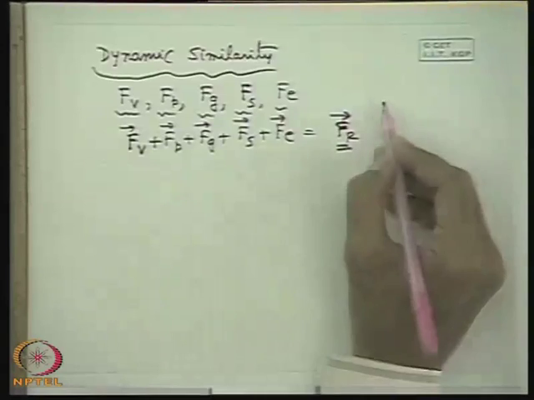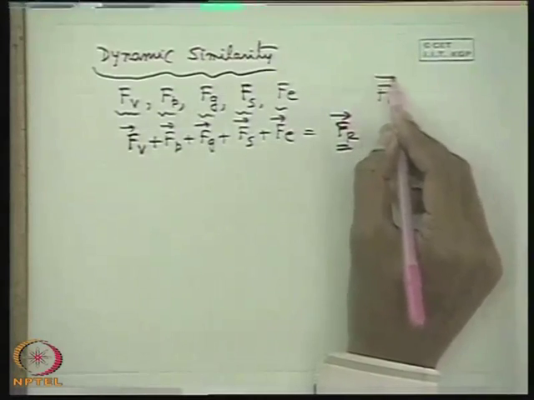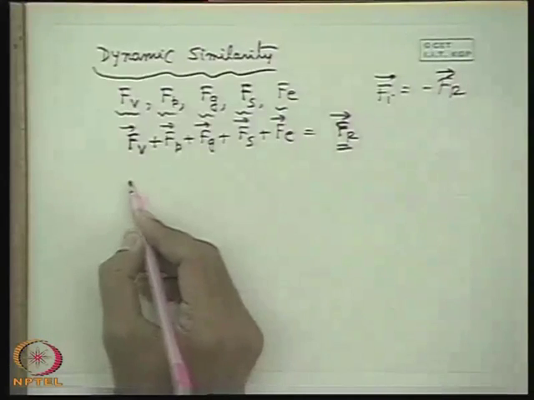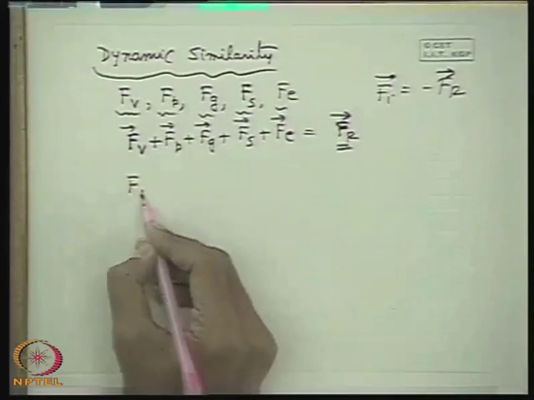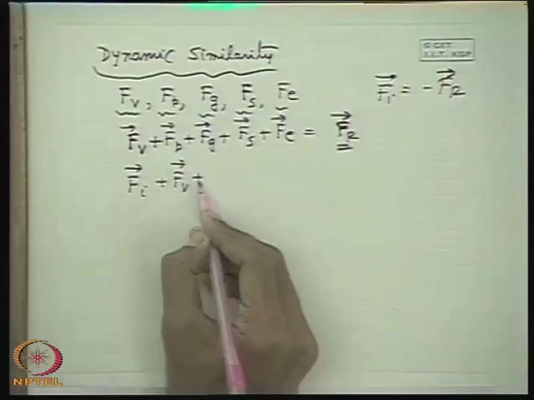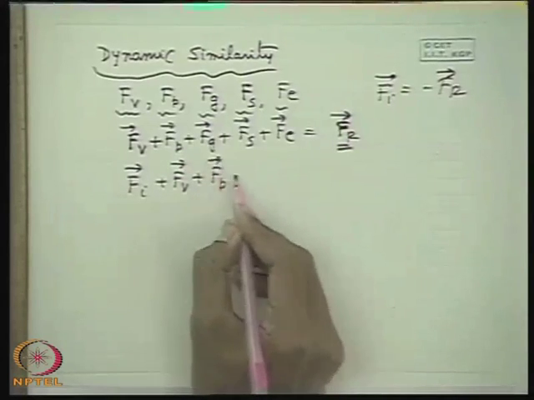Now, as you know, the definition of inertia force is the negative of the resultant force. So from D'Alembert's principle, we can write that inertia force plus all the forces, as a vector sum, is 0.